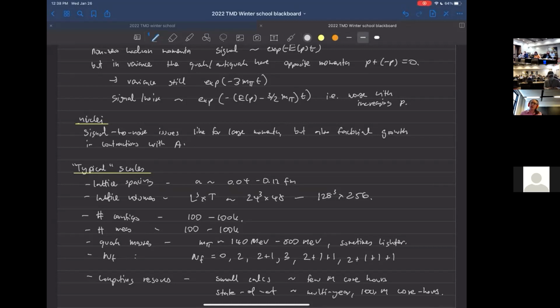So this Euclidean time, it's not real time, right? You're not evolving the system in time. It's sort of your fictitious additional time dimension whose entire usefulness is this thing where you can damp out the excited states. If we hadn't gone to Euclidean time at the start, we would have had that oscillatory integrand.